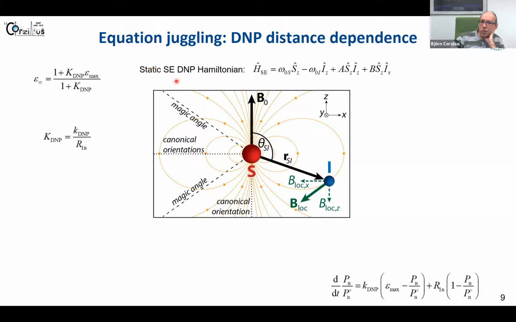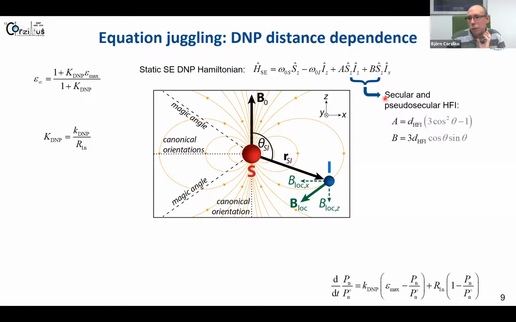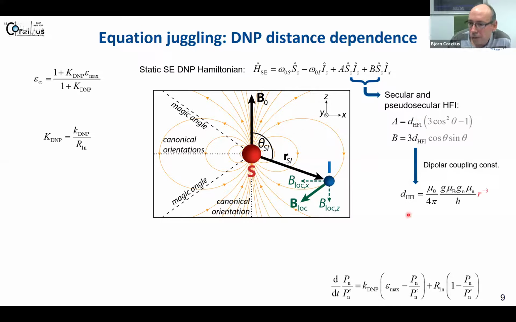So we have a static solid effect DNP Hamiltonian. And from this, we can determine that the hyperfine interaction is, of course, the term which connects the electron and the nuclear spins. And this hyperfine interaction scales with the dipolar coupling constant. And this in turn is a function of the inverse cubic electron nuclear distance. So this is rather simple.